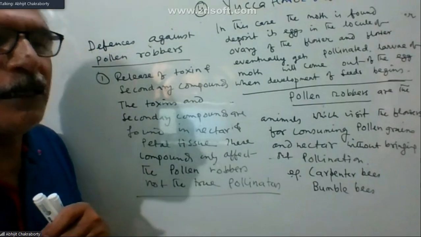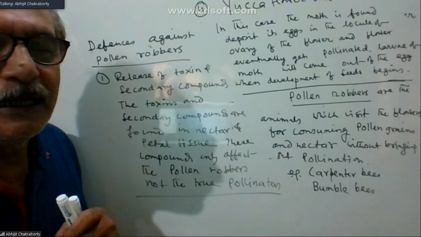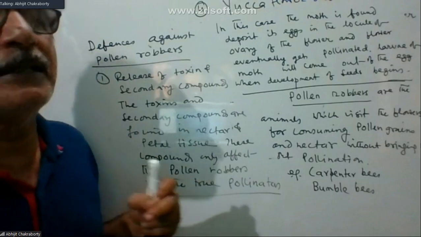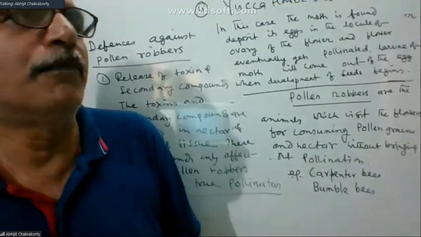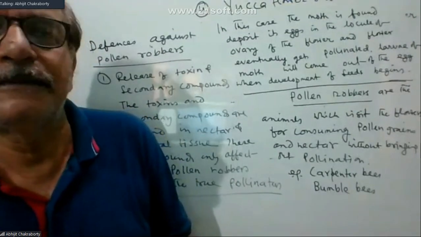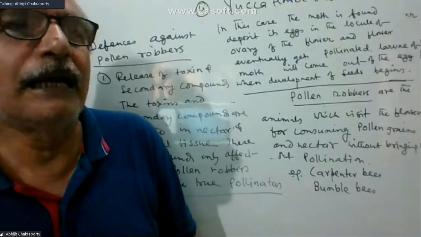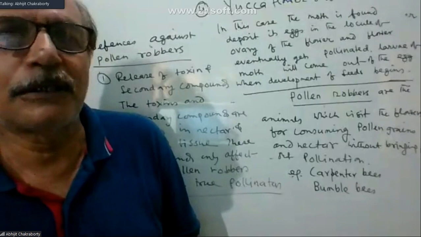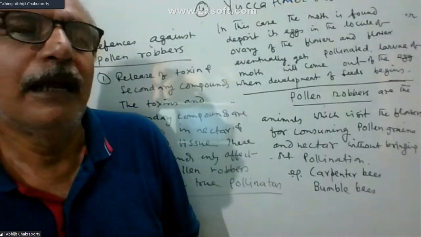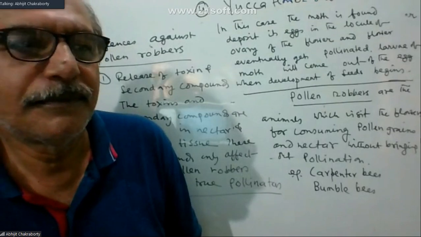So plants release this toxin at the time when pollen robbers visit, and not at the other time when pollinators are going to visit. Suppose there are flowers where pollinators visit at night, but pollen robbers are found to visit in the daytime. So during daytime, these flowers are going to release this toxin or secondary compounds. But at night, they are not going to release them. Are you getting me now? Yes, sir.